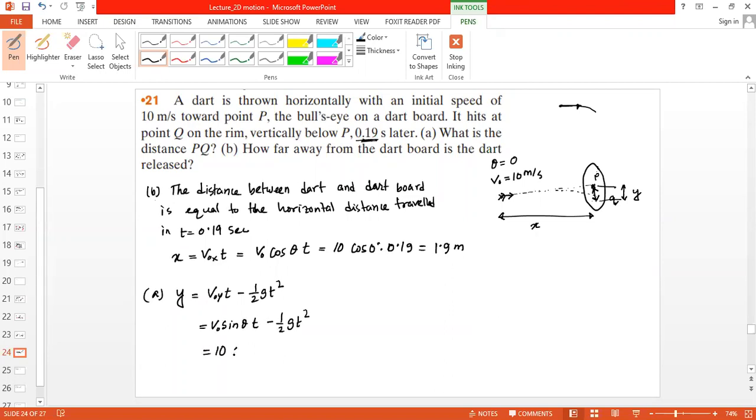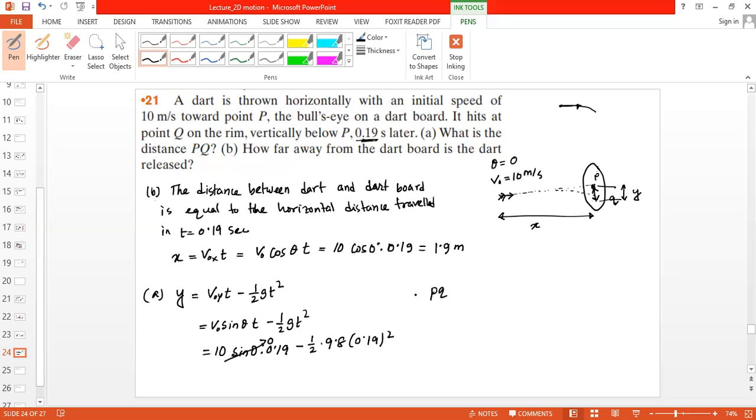V naught is 10, sin 0 into 0.19 minus 1/2 into 9.8 into 0.19 whole square. Sin 0 means 0, so this term will blow off.